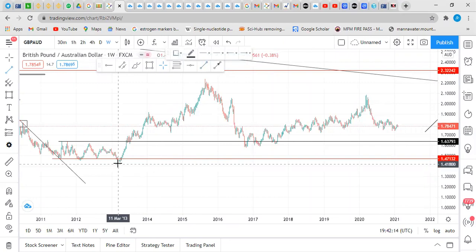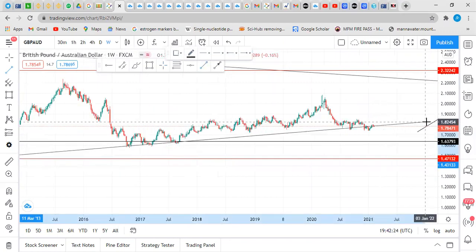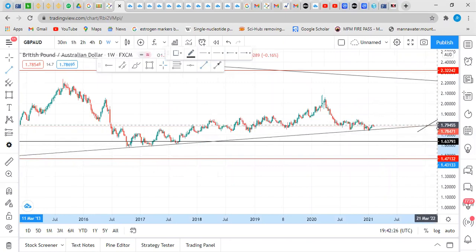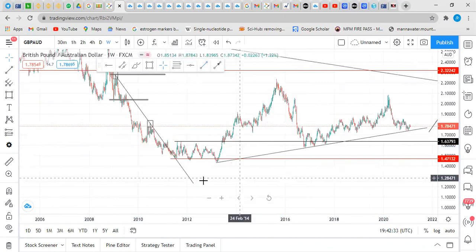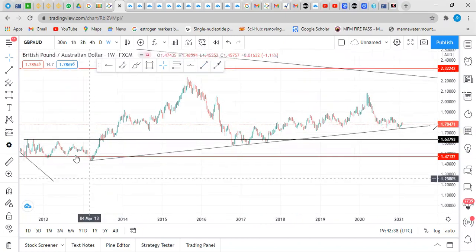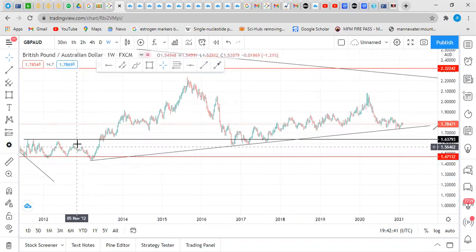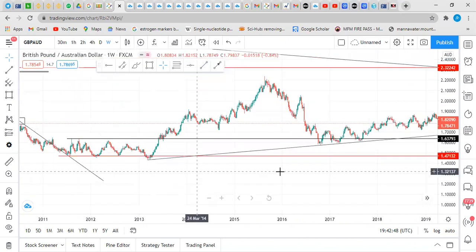So if we are drawing a trend line, I want to see the perfect one that will be considered.